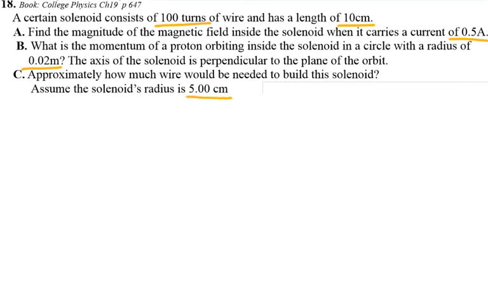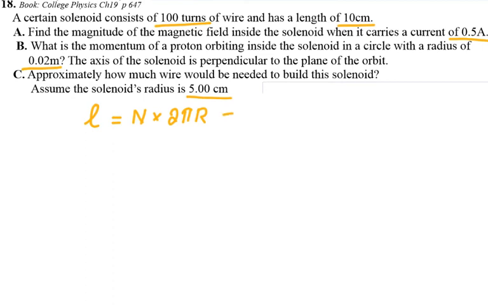And for the last question, they ask approximately how much wire would be needed to build this solenoid. If I want to determine the length of the wire that is needed, I need the number of turns times the circumference, which is 2πr. So n is how many turns I have.